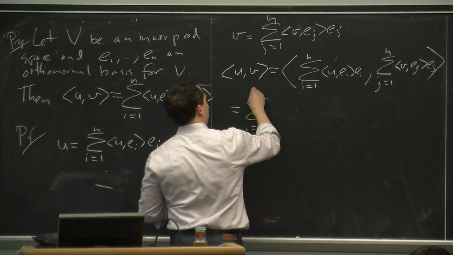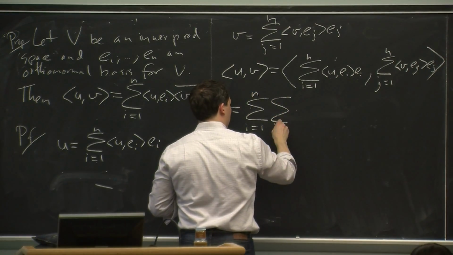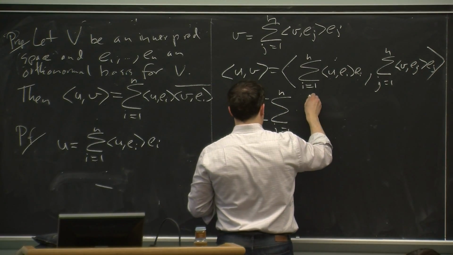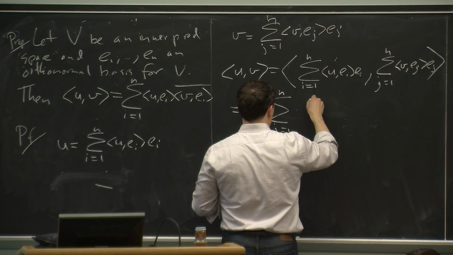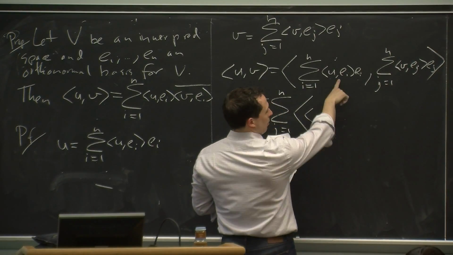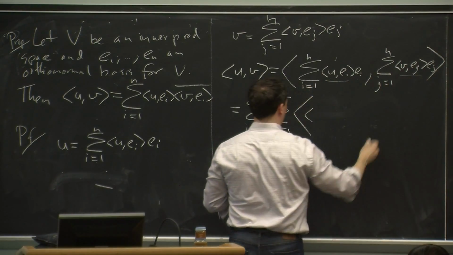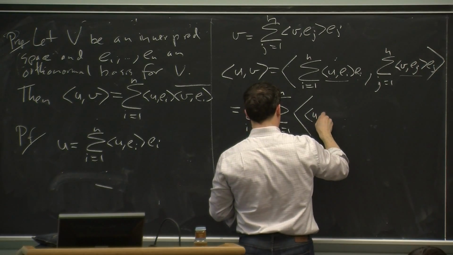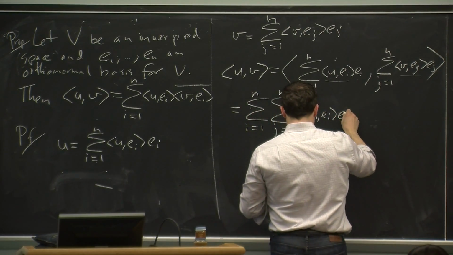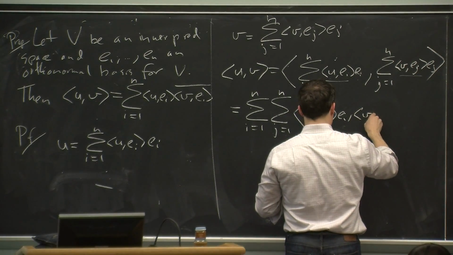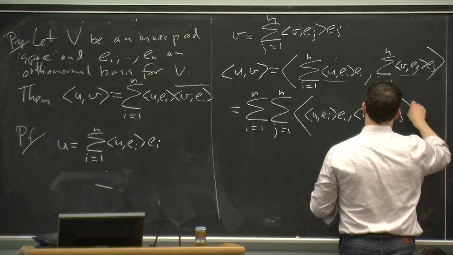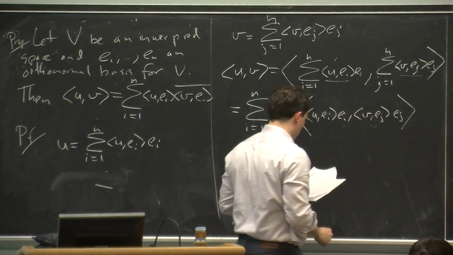That's the sum from i equals 1 up to n, the sum from j equals 1 up to n of, well, a big inner product, with little inner products in it, because all these coefficients have little inner products in them: the inner product of U, Ei times Ei, with the inner product of V, Ej times Ej, and then I close the big inner product.